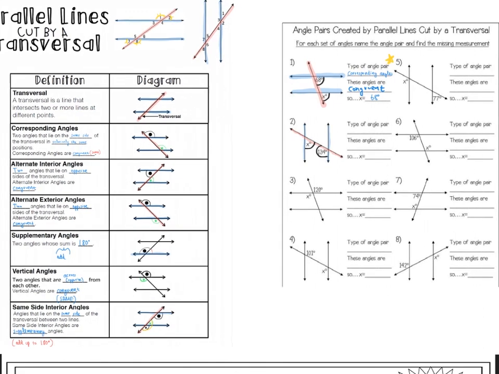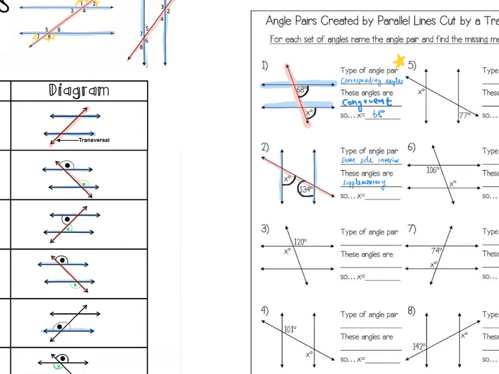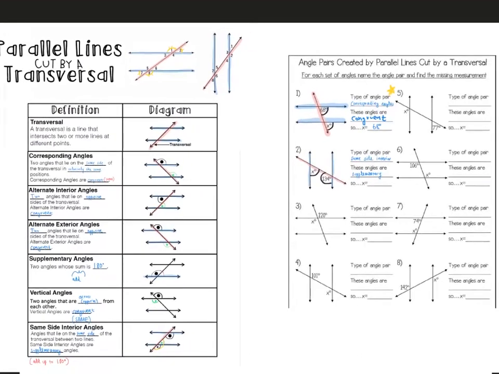So that looks to me to be same side interior angles, right? Same side interior angles. Let me write in blue. And if you check your notes, these angles are supplementary. Supplementary angles mean they add up to 180 degrees.